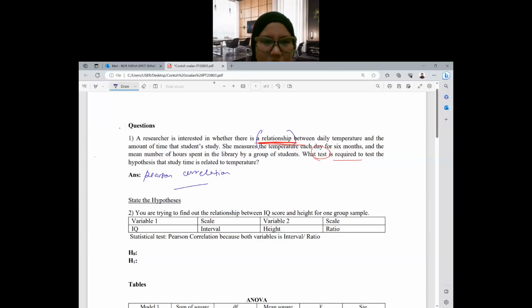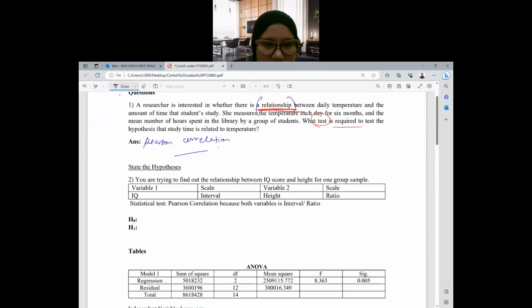So this is the answer for the first question. The question is very straightforward: what kind of test? They gave you a situation, and from the situation you need to sort out what kind of clue has been given.